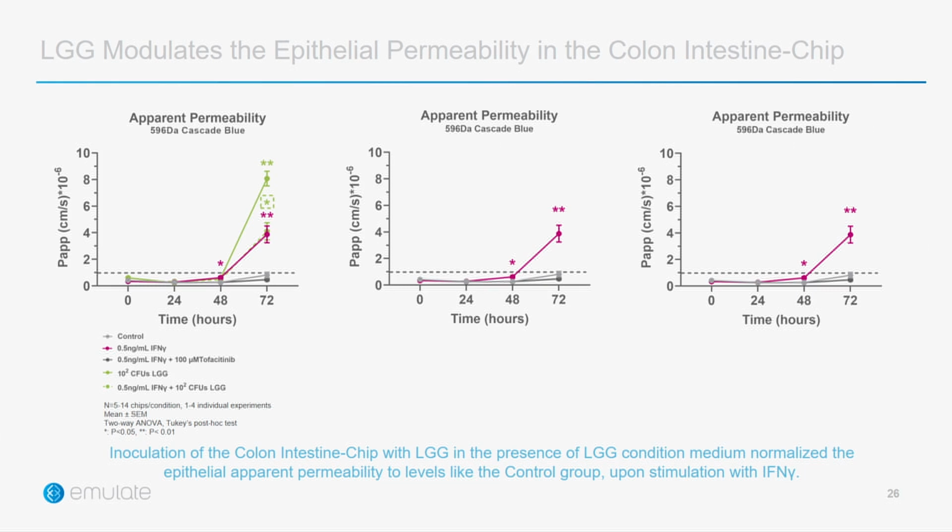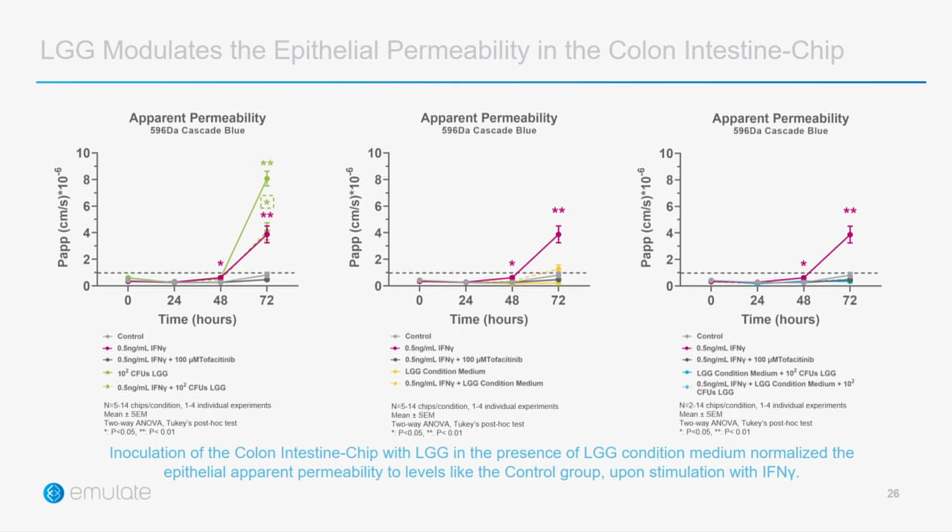So we took a step back and then we tested, what about the conditioned medium alone? And the conditioned medium alone did offer protection. And then we thought, what about coupling both of them together? And it apparently did work. We achieved a maintenance of the co-culture of the colon chip with LGG for 3 days, and we also achieved barrier protection.